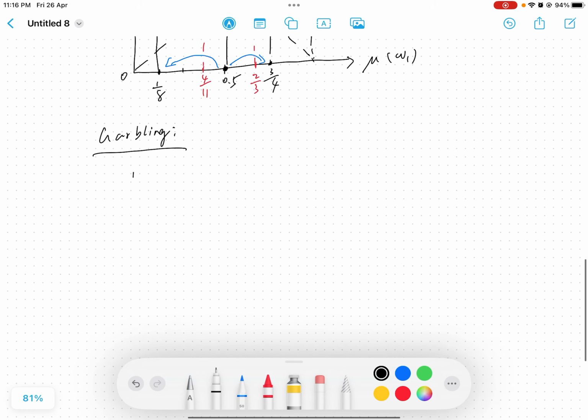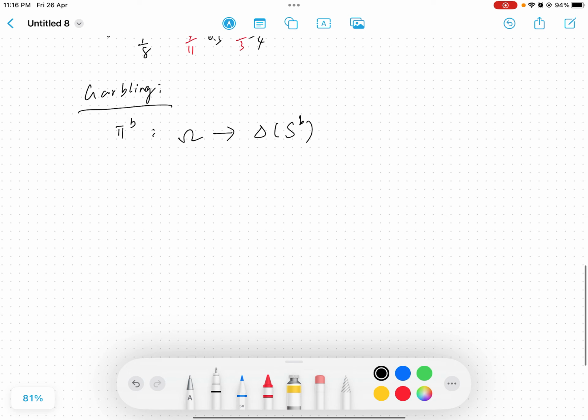So pi b is a map from the state space to the set of all distributions over the space of signal realizations S_B.